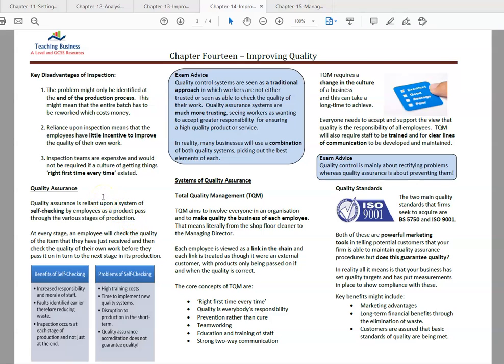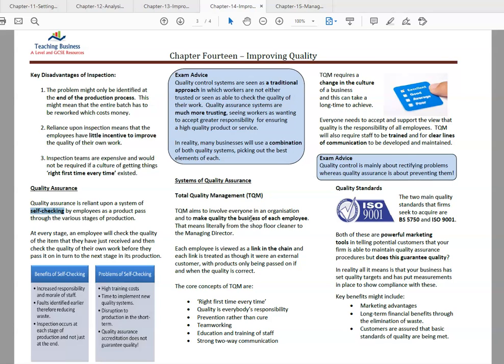Quality assurance is important, so that system of checking. When I had my first proper postgraduate job, I was a programmer, and they brought in TQM, Total Quality Management. This meant that before we wrote our code, we would check the specification was correct.